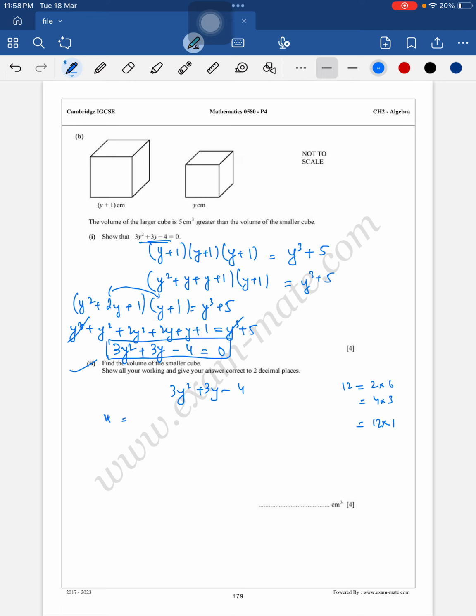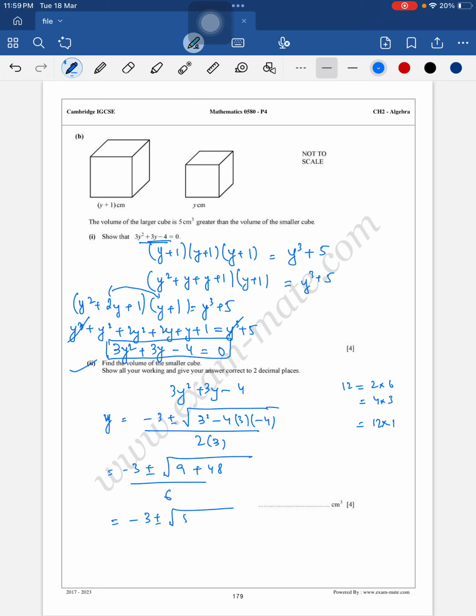y is equals to, y is the unknown variable, minus b, minus 3, plus minus square root of b square, 3 square, minus 4 times a, which is 3, and c is minus 4, upon 2 times a, which is 3. That will be minus 3 plus minus 9 plus 4 times 12 is 48, upon 6. So minus 3 plus minus root of 48 plus 9 is 57, upon 6.